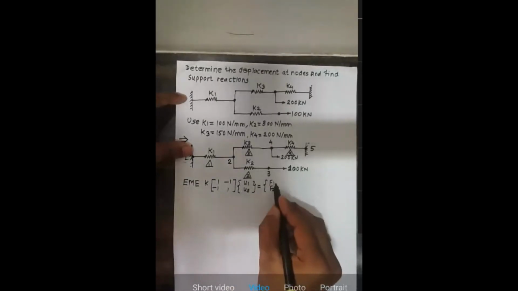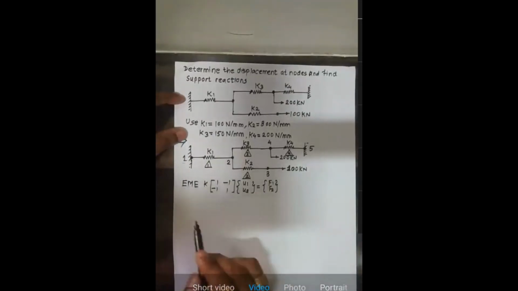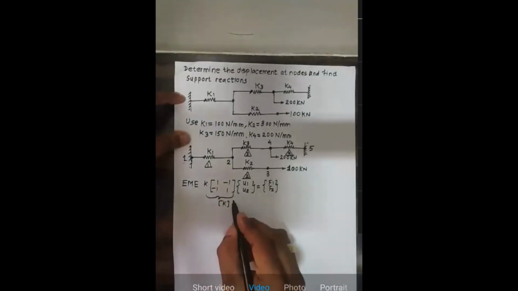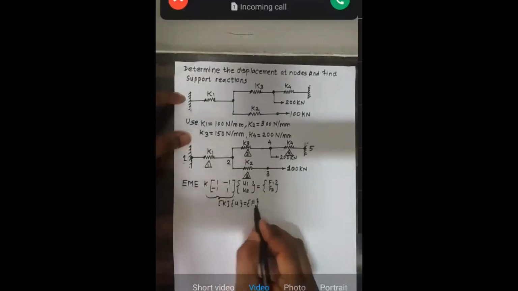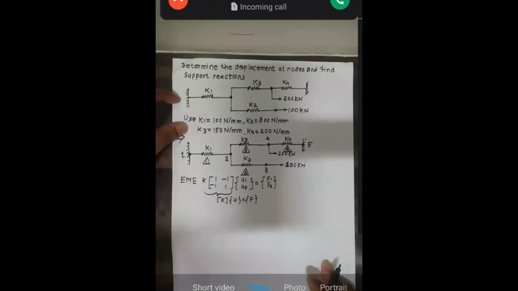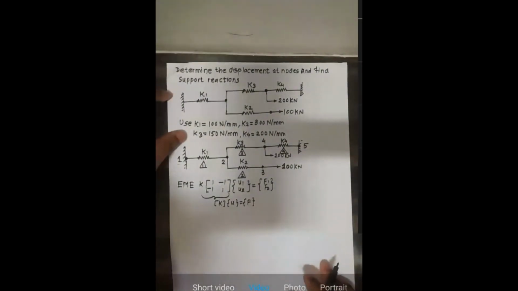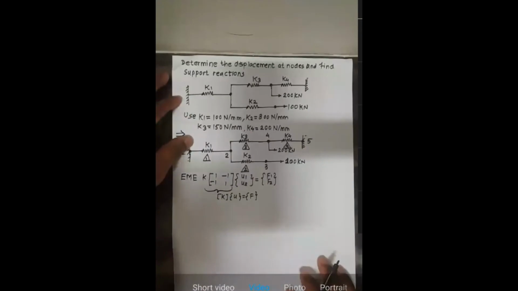This is the element matrix equation, and this particular term is called the element stiffness matrix. This element stiffness matrix multiplied by displacement is given by force.